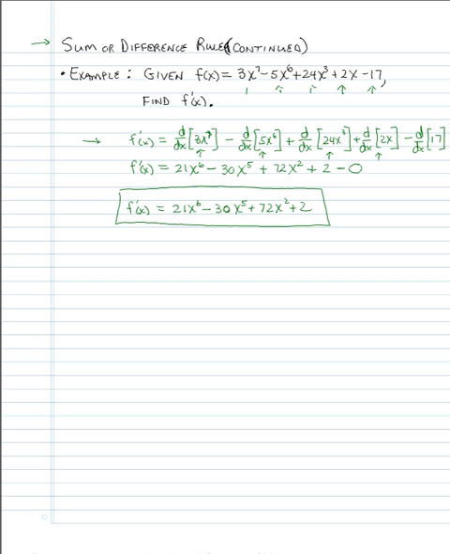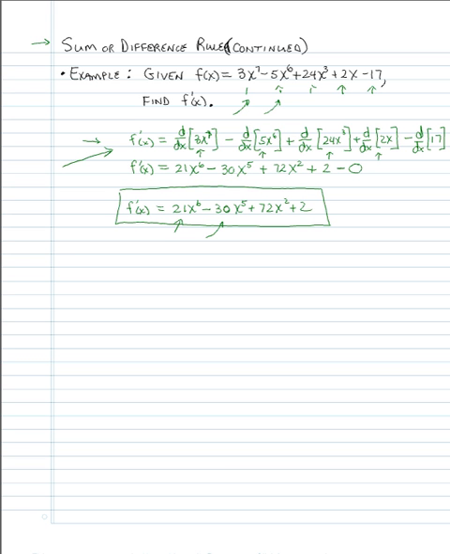Now in practice, I probably wouldn't have written out all those derivative ofs. I probably just would have looked at the original function way up above, and thought about how do I get that derivative, and I would have written it in here. Then I would have looked at the second term, thought, how do I get that derivative, and I would have put it in here, and so on, rather than write out the steps that I wrote here. This is to explain how it was done.